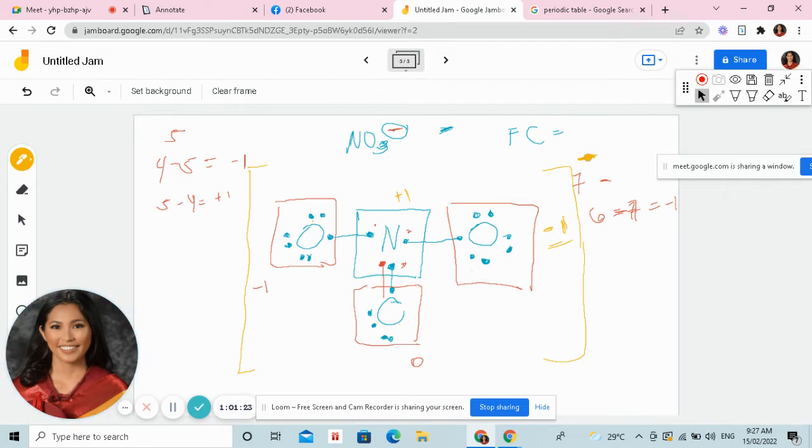So in total, NO3 has a formal charge of negative. This negative came from the total formal charges of each atom. That's how we calculate the formal charge.